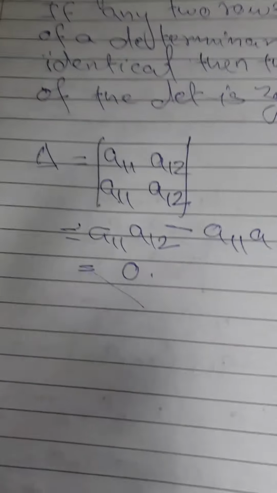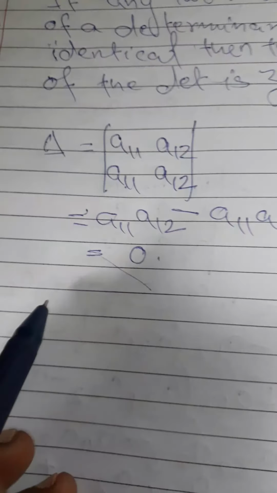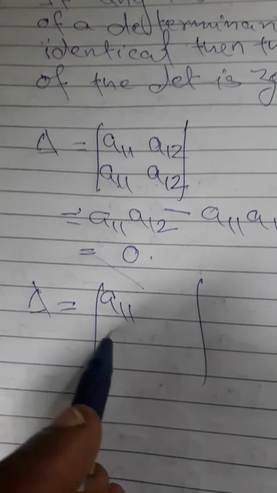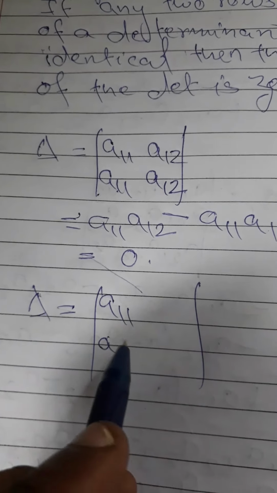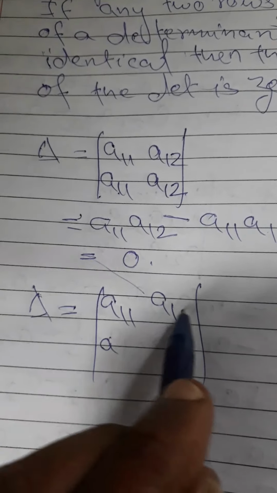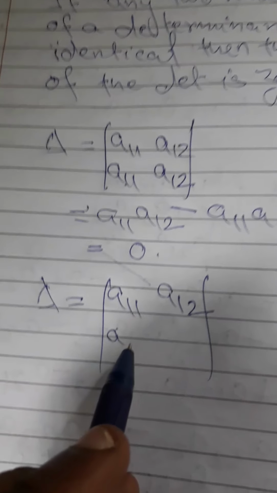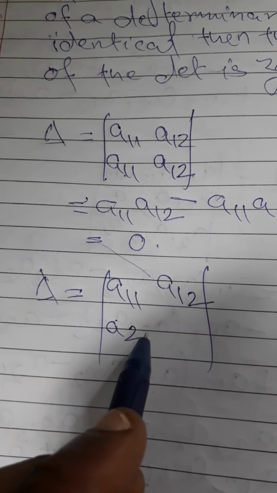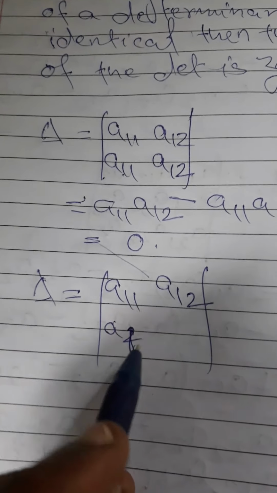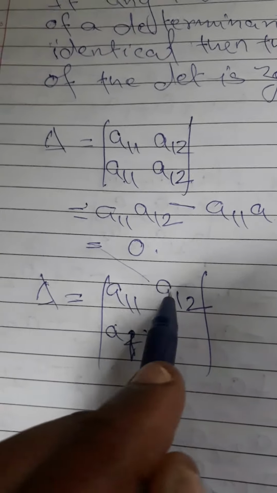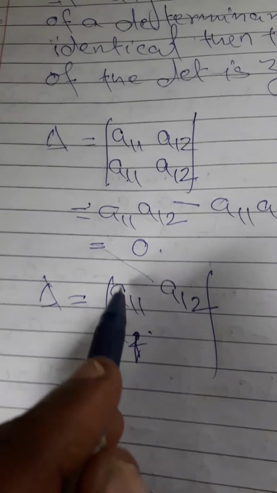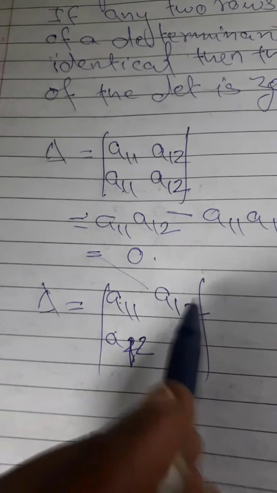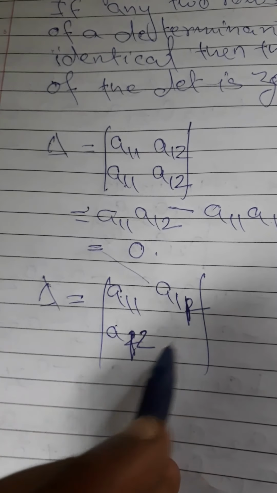For order 2, column wise, I will consider a11, a12, a11, a12.